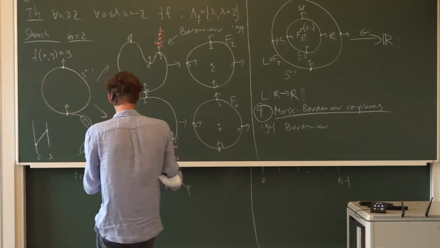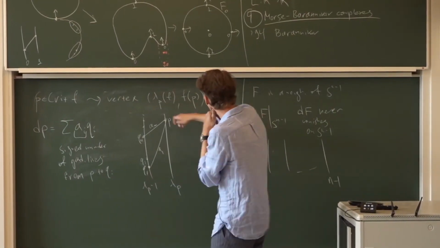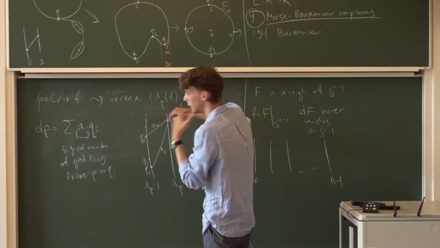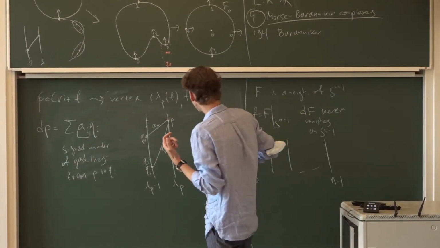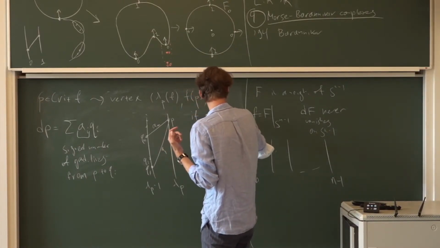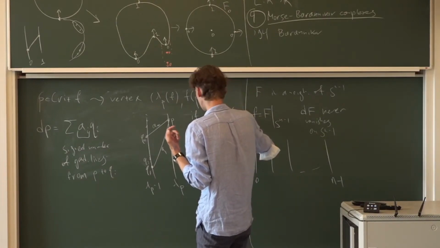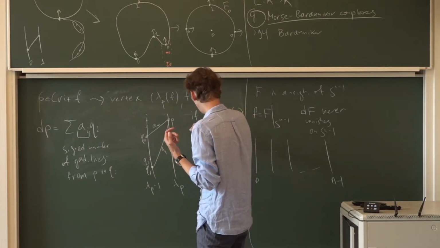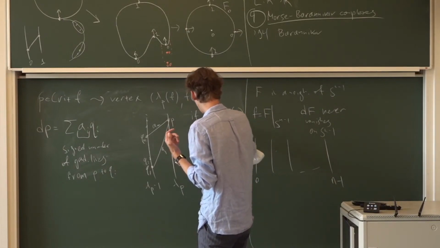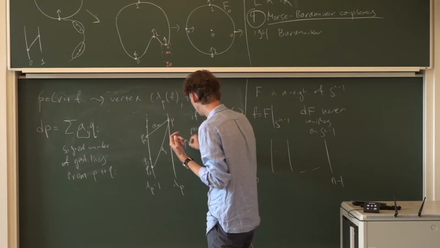And also, on the Morse-Barannikov complex, you indicate where the gradient points. So if the gradient of function f at point P points out, then you put an arrow up.